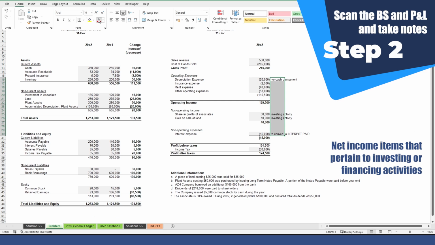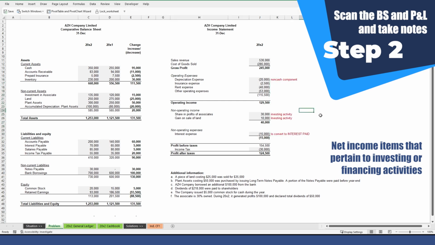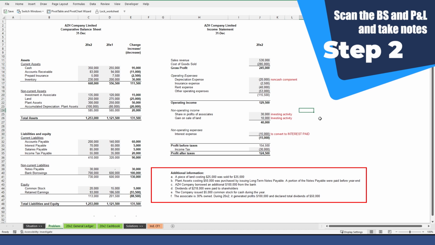Apart from scanning the income statement, we also need to look into the special transactions to know about the investing and financing activities. Here, we know that there are investing activity transactions during the year, which are Transaction A, Transaction B, and Transaction F. You can revisit our introduction to cash flows to know why they are specifically classified as investing activities.